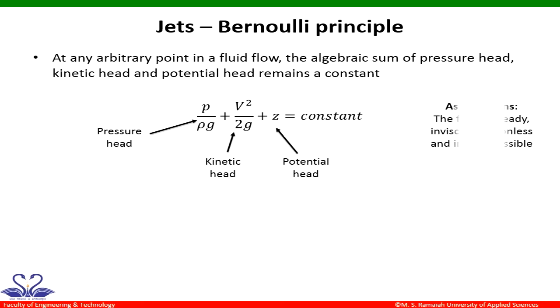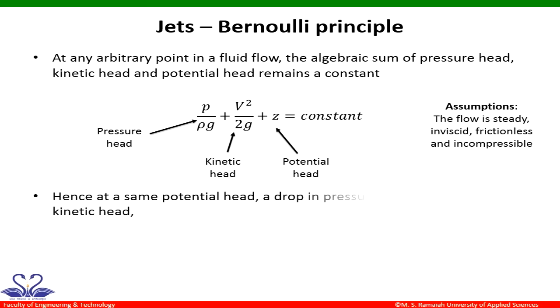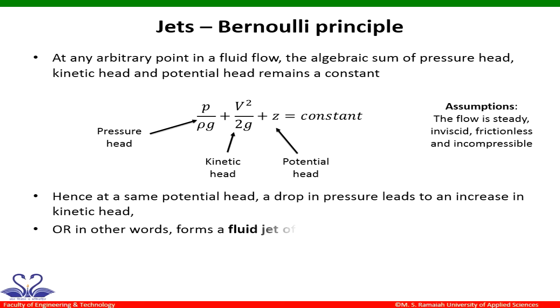For the equation, we assume that the flow is steady, inviscid, frictionless, and incompressible. Hence, at the same potential head, a drop in pressure leads to an increase in kinetic head, or in other words, forms a fluid jet of high velocity.